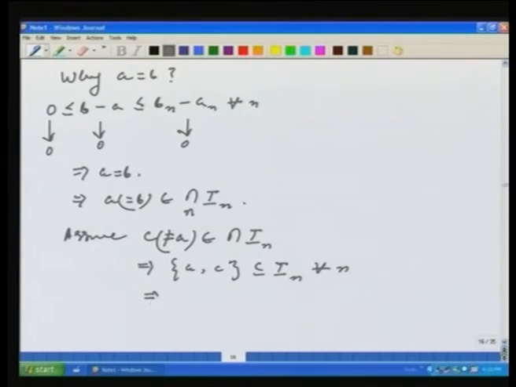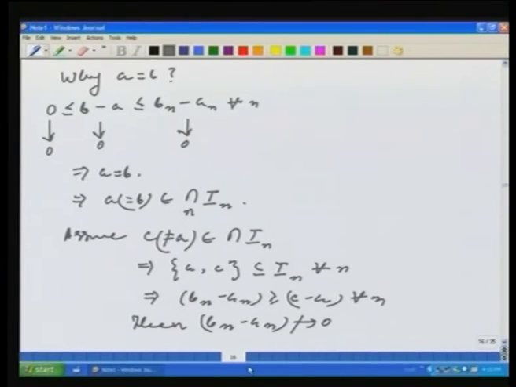This implies that Bn minus An, which is the length of the interval, is certainly bigger than or equal to C minus A for all n, and then the length Bn minus An, which is supposed to go to 0, is not going to 0, which is a contradiction. Means what? It means there is no such C, and anyway there is A. So, that means the total intersection must be a singleton. So, this completes the proof.